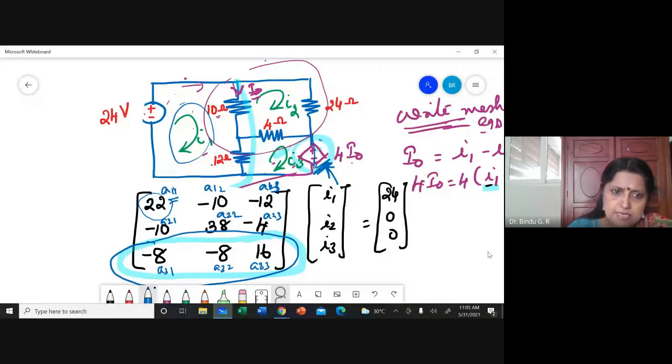Now coming to the last column, A31. Usually you would have written only A31, meaning whichever resistor is common to mesh loop 1 and 3. You would have written only 12 had there been no dependent source. But because of this dependent source, 4 I0 is given. What is I0? I0 was this current.